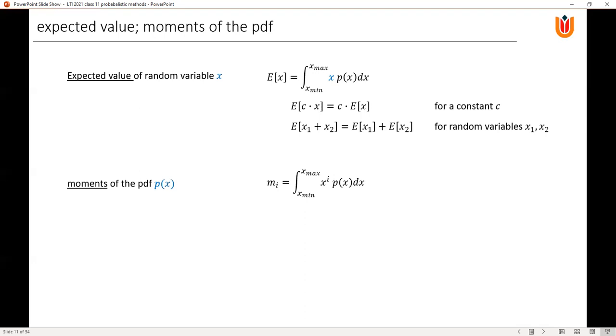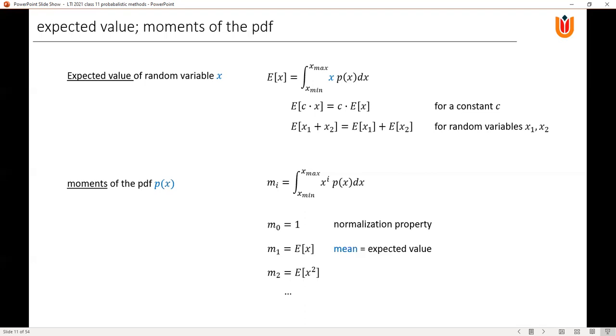Anyway, you can also calculate higher moments of this probability density function. Higher moments means that you raise x to some integer power e, and then perform the same integration. The mean is the first moment. You can also calculate the second moment by filling in x squared, the third moment by filling in x to the third.